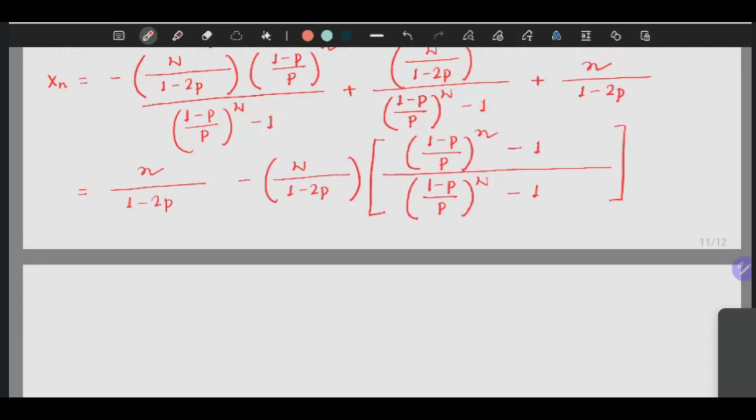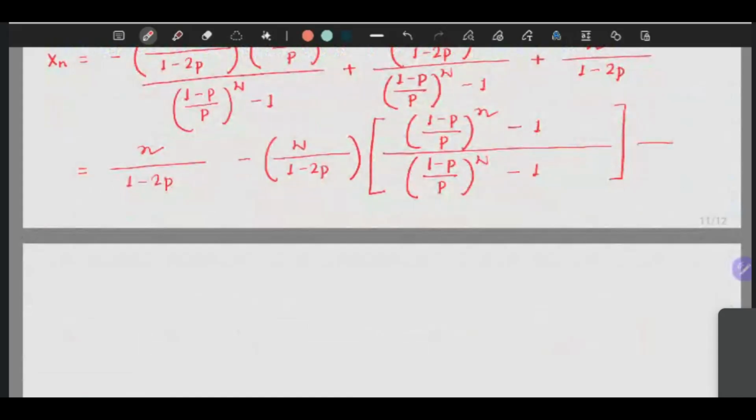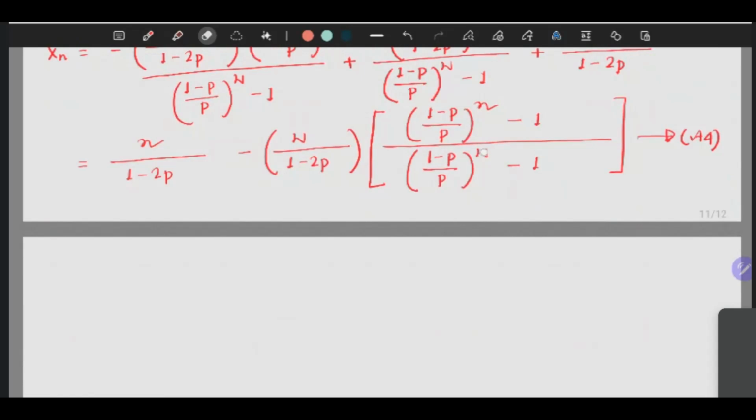So now this is a complicated equation, but you can simplify it, right? So this is a complicated equation. Let's say this is w.